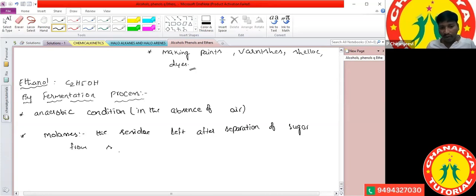Molasses is the residue left after separation of the sugar from the sugar cane juice. How is sugar prepared from sugar cane juice? Do you have any idea about that? How to prepare sugar from sugar cane juice?